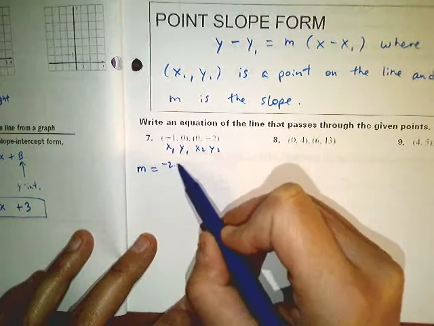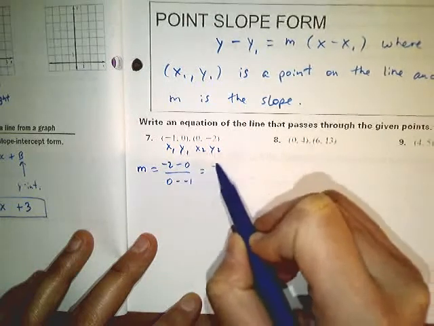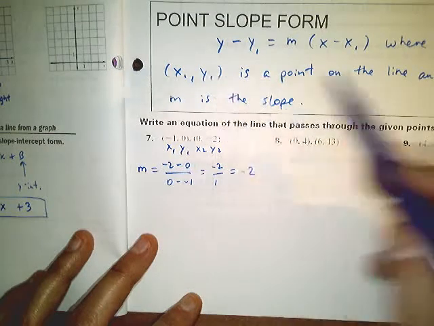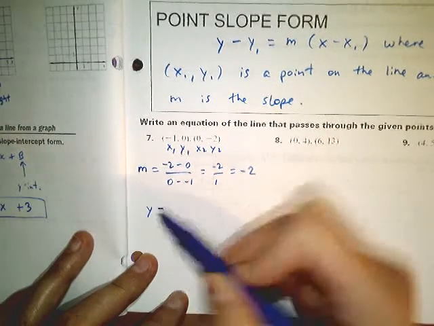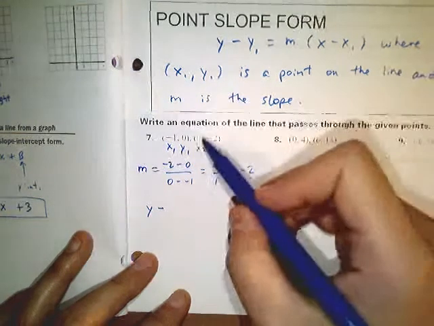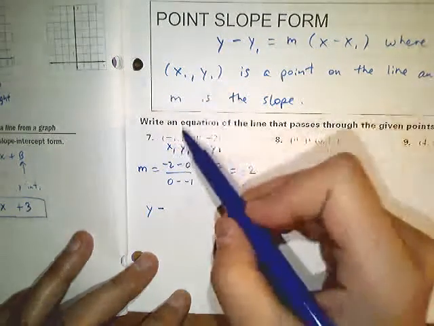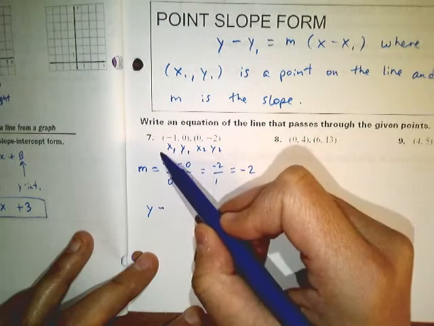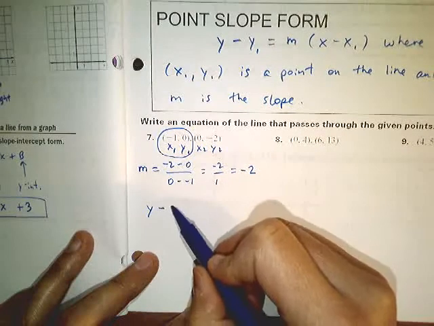Y sub 2 minus y sub 1 divided by x sub 2 minus x sub 1 gives me negative 2 over 1, which is negative 2. And then if I want to put it in point slope form, that would be y minus one of the y values in the points that I've been given. I'm going to choose this one. That's y sub 1, so that would be 0.